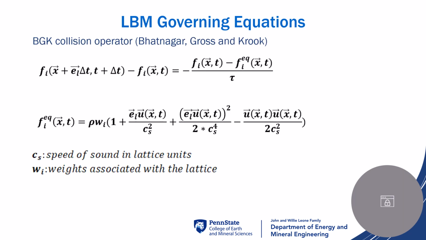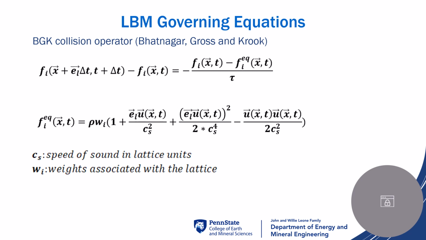This equation introduces the BGK collision operator, named after Bhatnagar, Gross, and Krook. It models how the particle distributions fi relax toward an equilibrium state fi^eq over a characteristic relaxation time tau. On the left side is the same streaming step as before, and on the right, the collision is expressed as a relaxation process, the current distribution minus the equilibrium, scaled by tau.